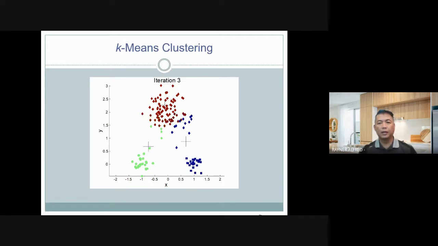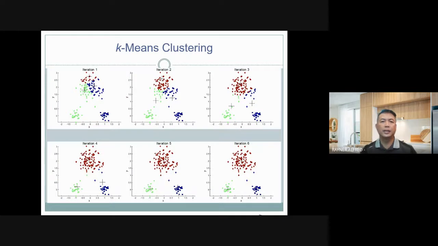Okay. So these are the processes involved. We have 6 iterations because on the 6th iteration, the centroid and also the membership of the cluster do not change. And that is the optimal result.